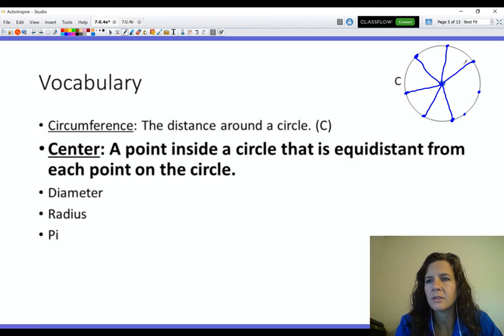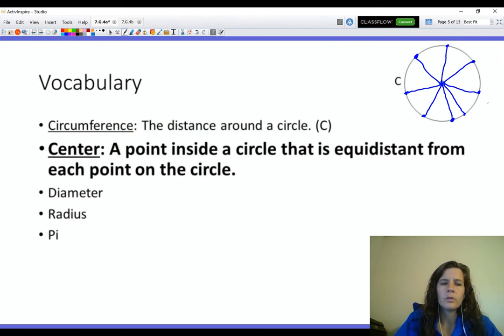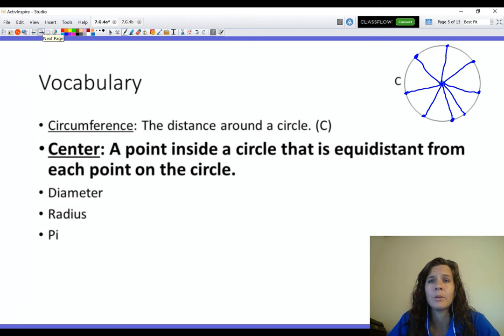Each of these lines is the same length. My lines aren't very straight, but you get the idea. So it's equidistant from every point on the circle. It's often how we name the circle. So if this circle had a capital A in here, we would call that circle A.